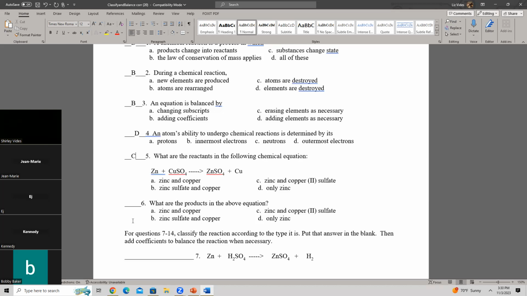That is correct. And what are the products? The products are zinc sulfate and copper. Correct.